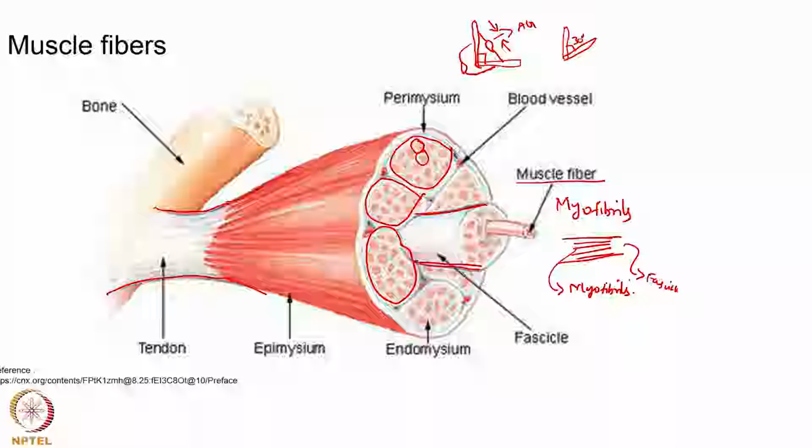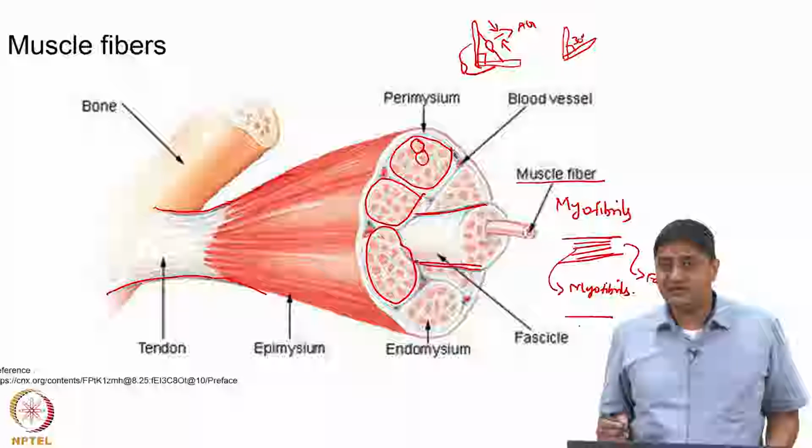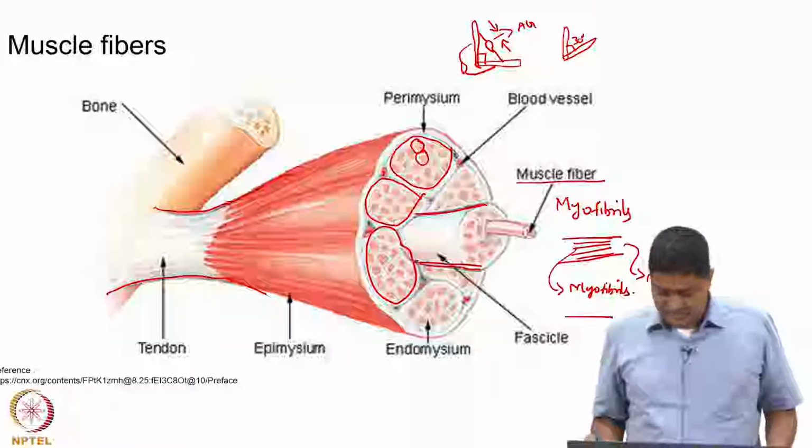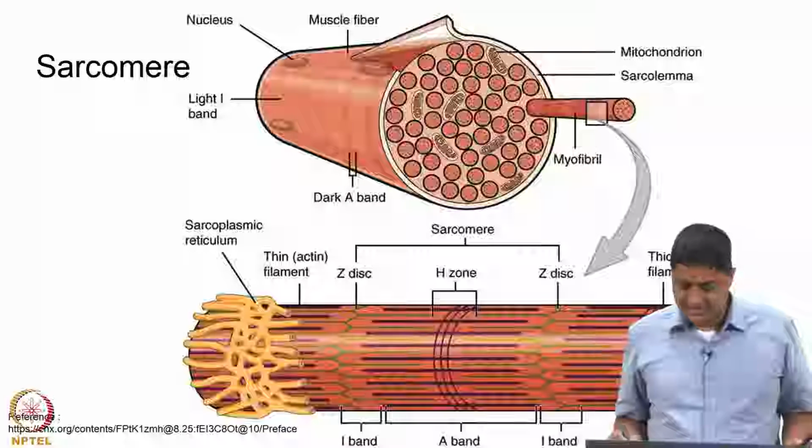But what is found within each myofibril? Alternating dark and light bands are visible in the myofibrils, as you can see in the next slide.